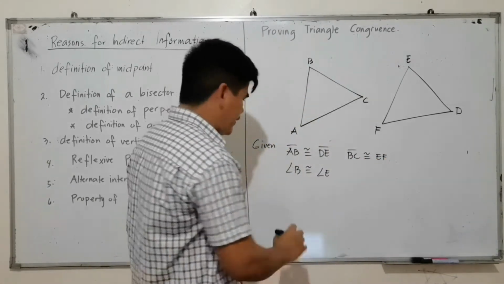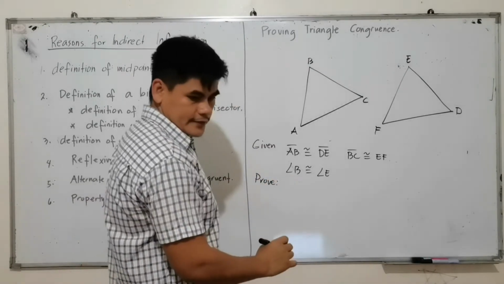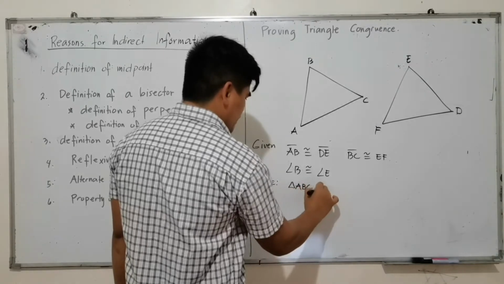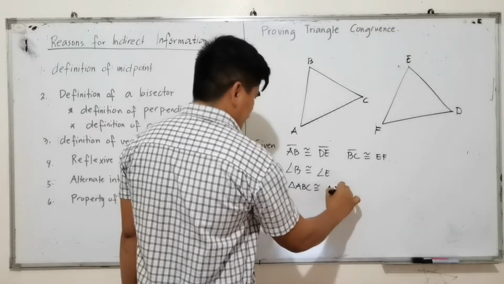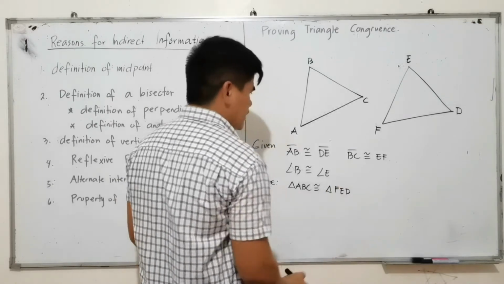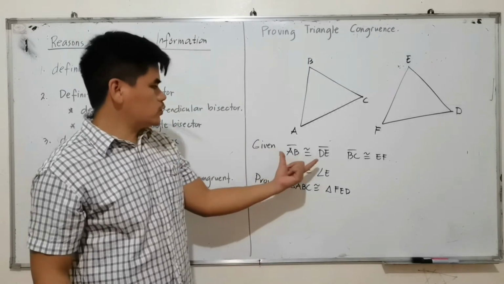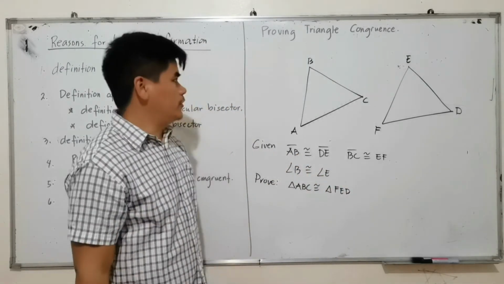We are going to prove that triangle ABC is congruent to triangle FED. The first thing is to consider this given information.